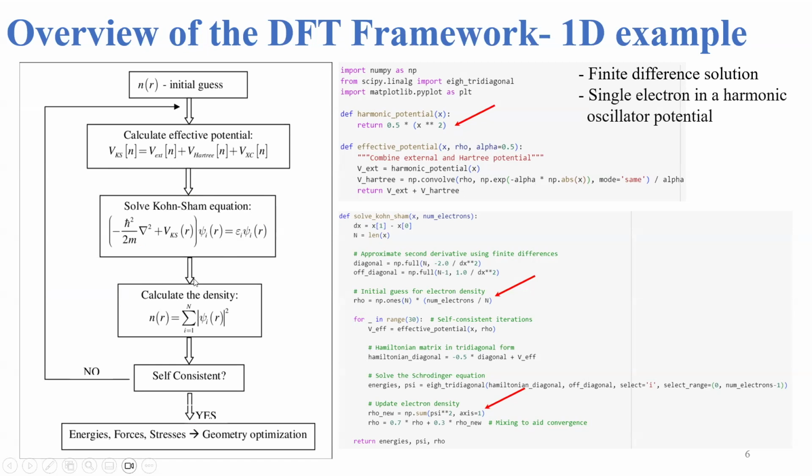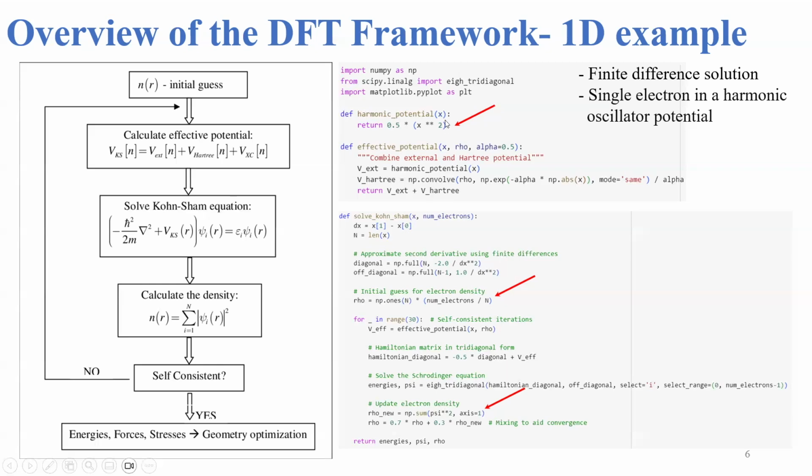From this, we construct a new charge density based on the psi, and we try to self-consistently check whether the charge density has converged. When it's converged, from there you can calculate important quantities such as energy, forces, stresses, and from there you can calculate such things as stress strain curve, elastic constants, thermal properties, thermal conductivity, and so on.